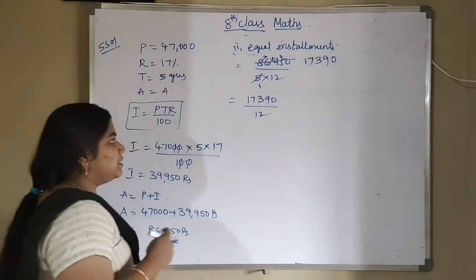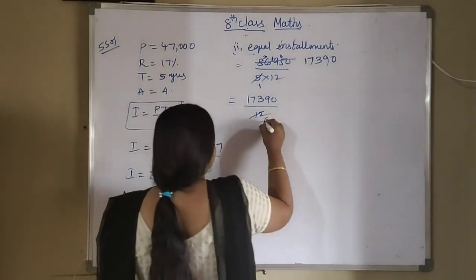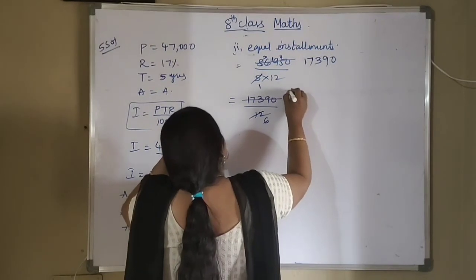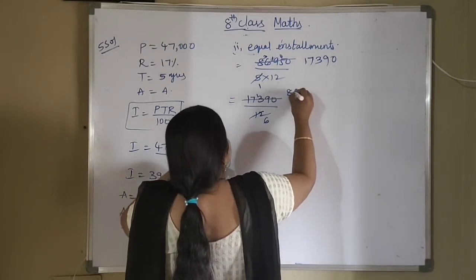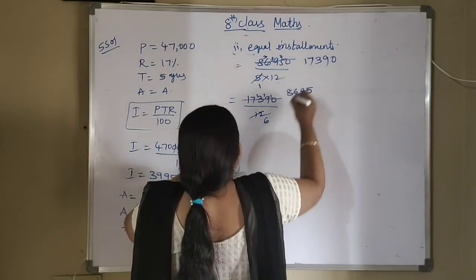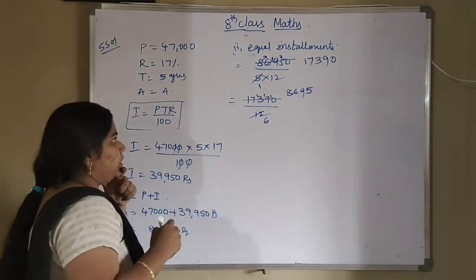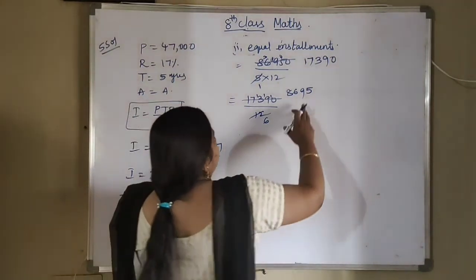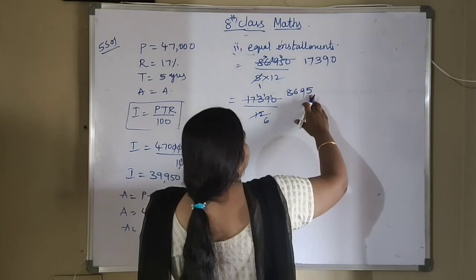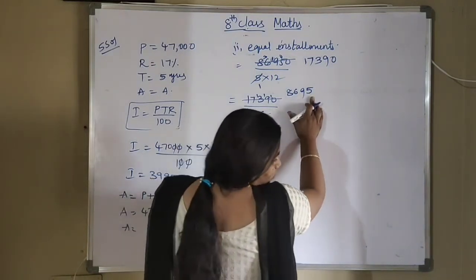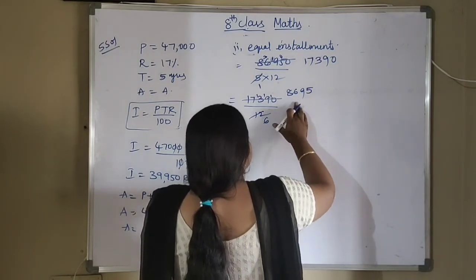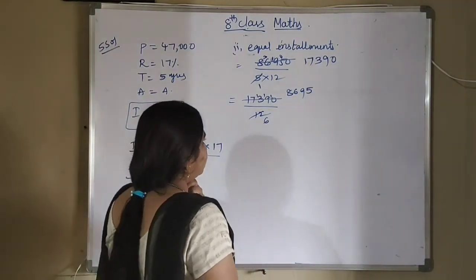So again we can cancel in the two table here. 2 sixes are 12. 2 eights are 16. 2 nines are 18. 2 fives are 10. So in which table can we cancel now? 8 plus 8 will be 16, 17. 17 plus 5, 22. 22 plus 6 is 28. So it will not go in the 3 table.